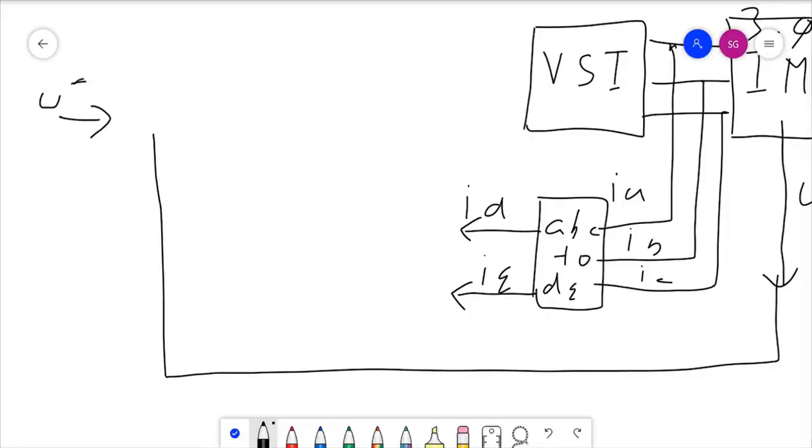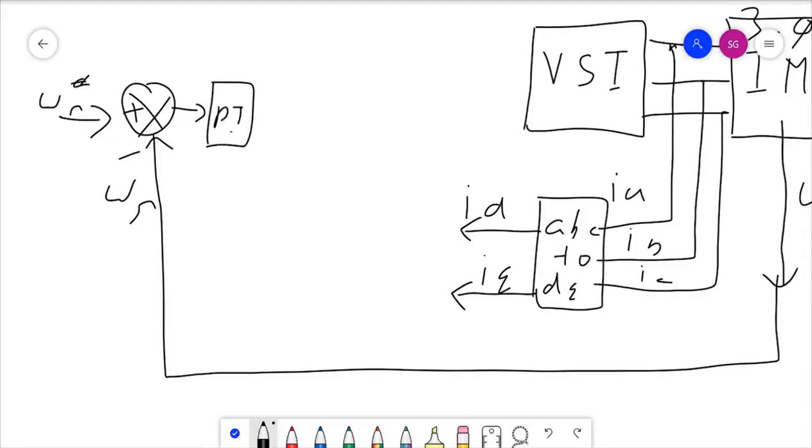Like we want to run this motor at some speed. So this will be your reference speed, and this is the actual rotor speed, which is measured from the induction motor. And when this is conditioned through a PI, it will give your IQ reference current.